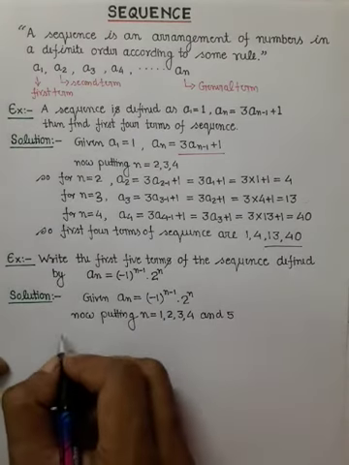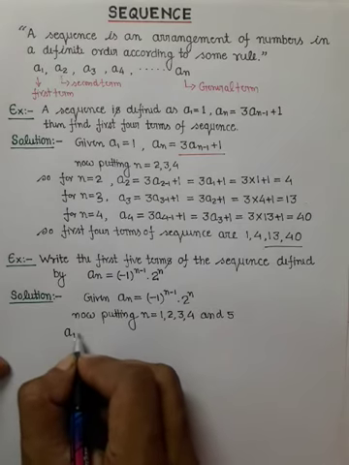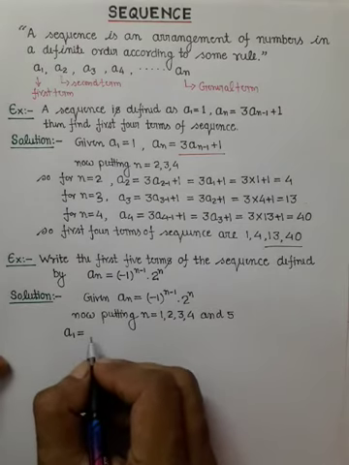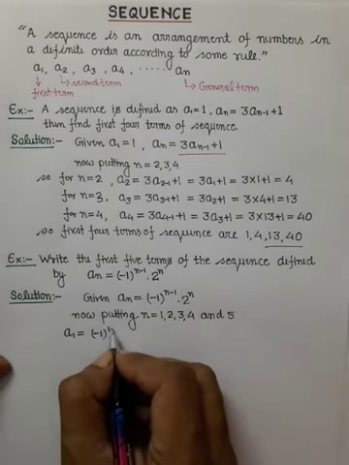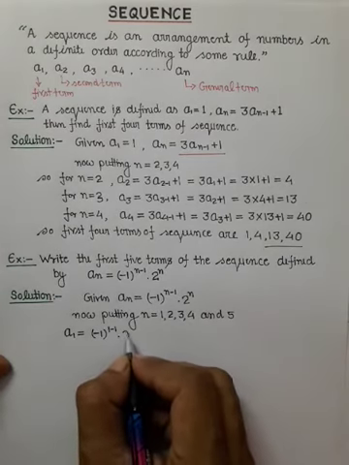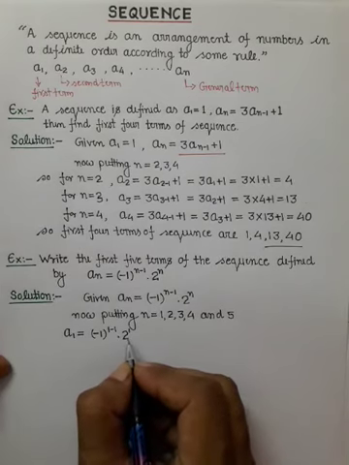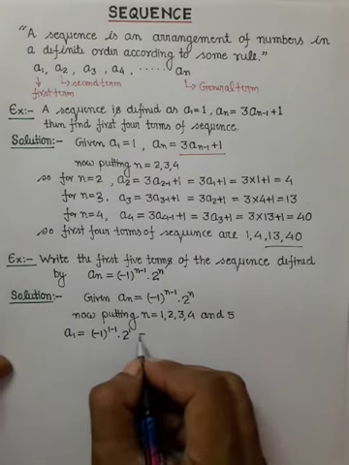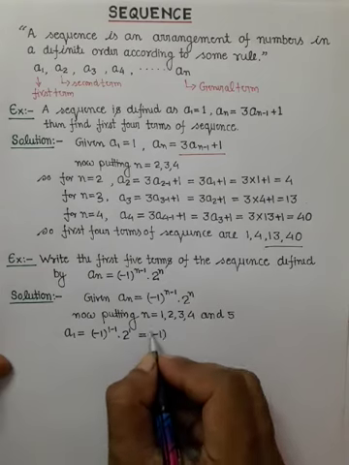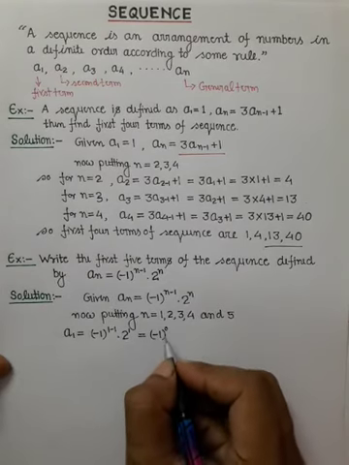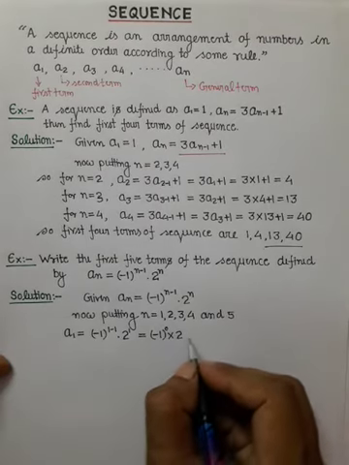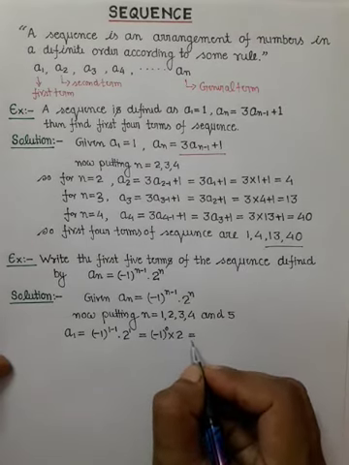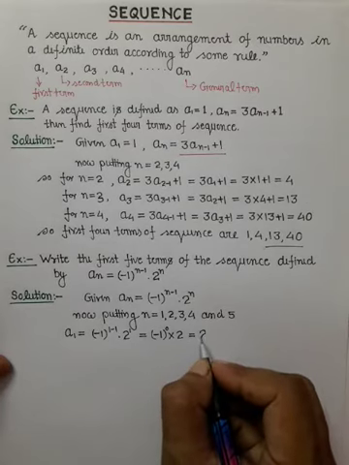We can write a1. So it can be written as a1 is equal to minus 1 to the power 1 minus 1 into 2 to the power 1. So of course this comes out minus 1 to the power 0 into 2 to the power 1, means 2. Any number to the power 0 is 1. So it can be given as 2.